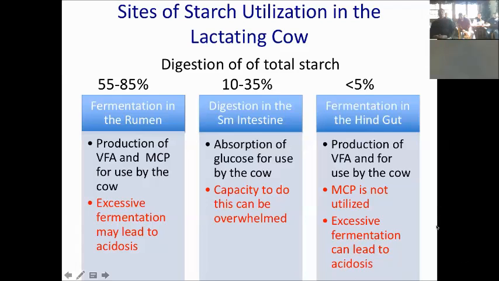In the hindgut, anything that is available for fermentation or digestion that misses those processes in the rumen or the small intestine gets a second shot at fermentation. It'll make volatile fatty acids, make propionate, make glucose in the liver and be absorbed. But what we miss in the hindgut is that any microbial protein made there is not utilized.